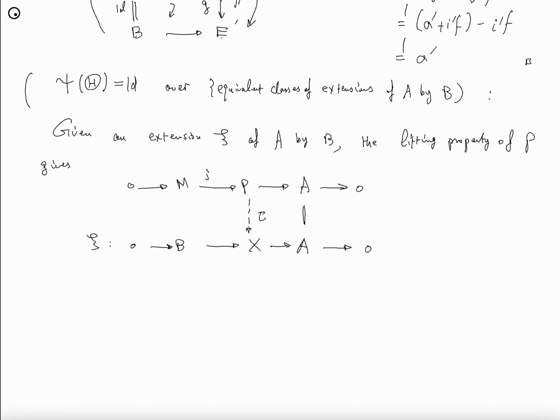And now a sub-exercise to check. The X is actually, again, the pushout of J and, let's call this, gamma.